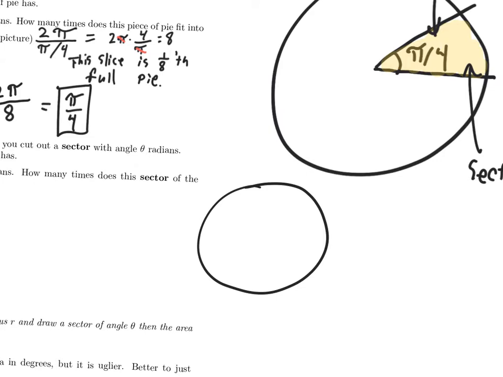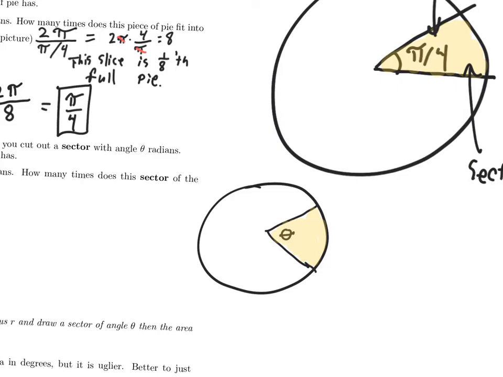There's this circle, you cut out an angle of theta radians. I haven't told you how big theta is, so I can't draw a correct picture. Of course, I couldn't anyway. So there's an angle of theta radians. I would like to know how much area is in this sector.